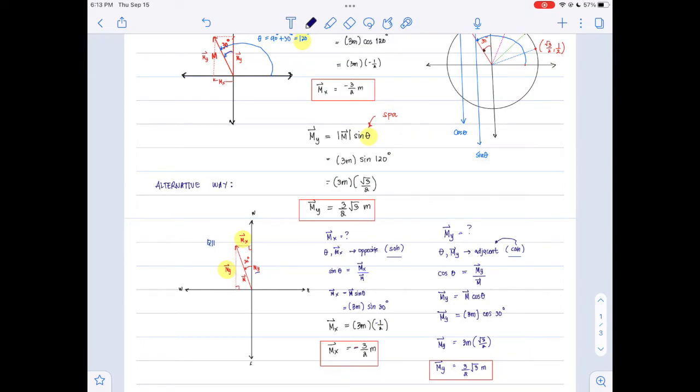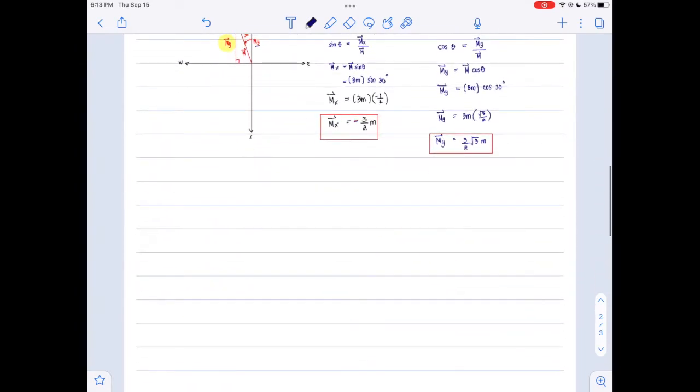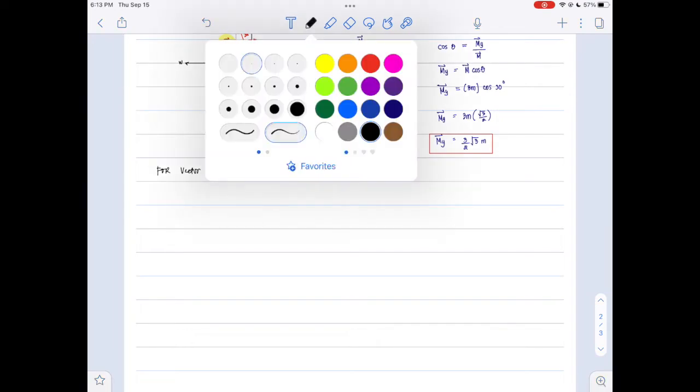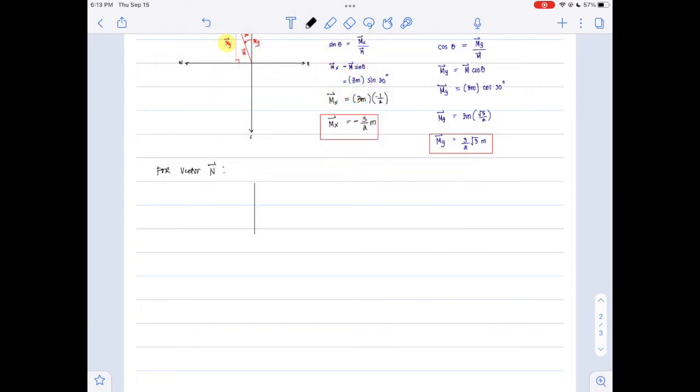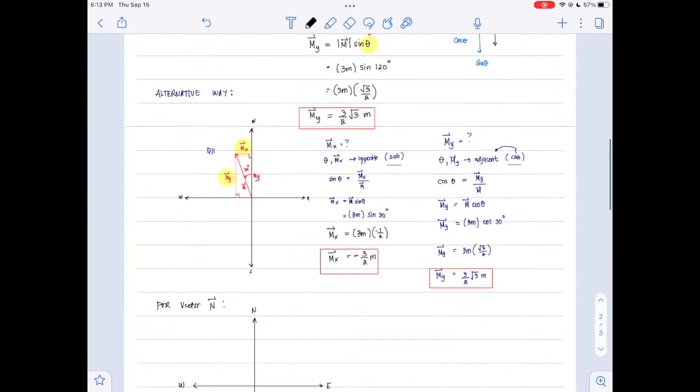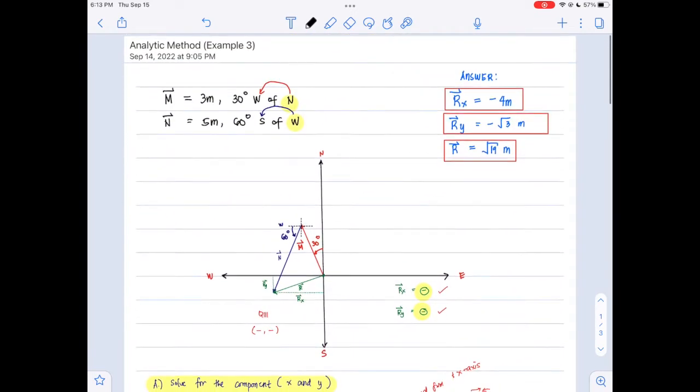So let's deal with the second vector. Our second vector, this is vector n. First thing that we have to do is to sketch or plot the vector. Plotting that vector there, and I'm just going to assign my directions. That's north, south. This is my east, and this one here is my west. And my vector is basically 60 degrees south of west.